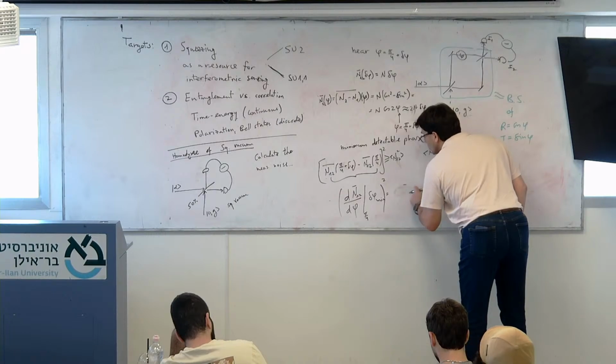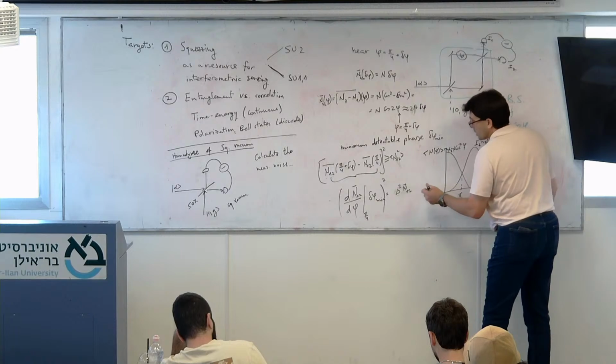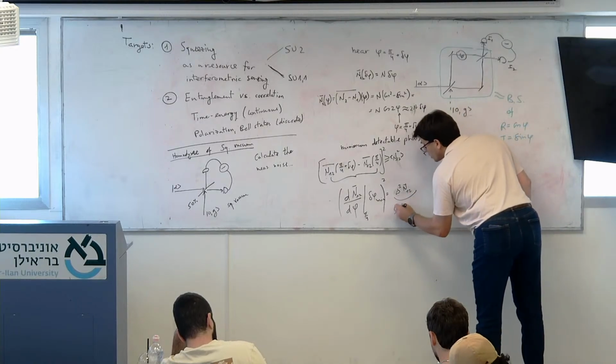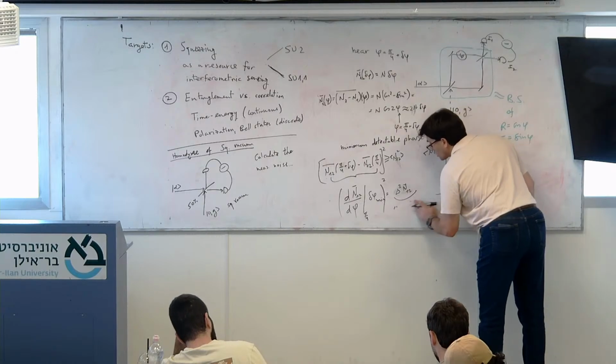So delta squared of n12, that is the standard, no, actually this is the variance.